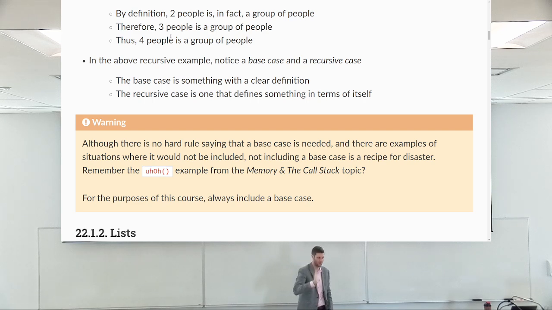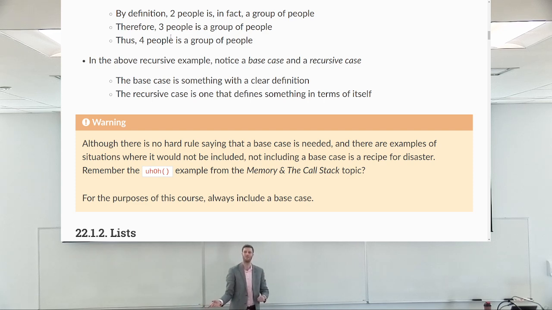Just to be fair. So technically, the example didn't have what we call a base case. A base case is some concrete starting point or stopping point. The 2 people. A hard, fast rule. Well defined, 2 people is a group of people, that's our base case.